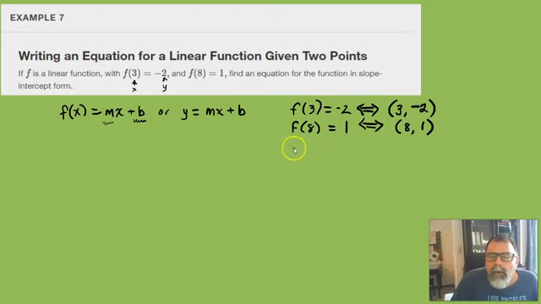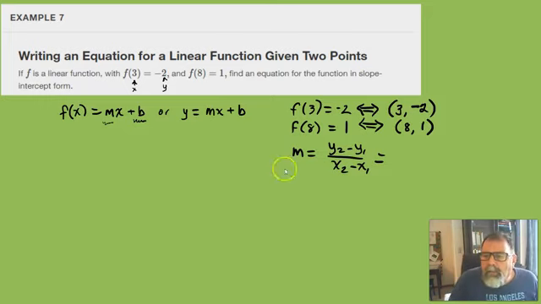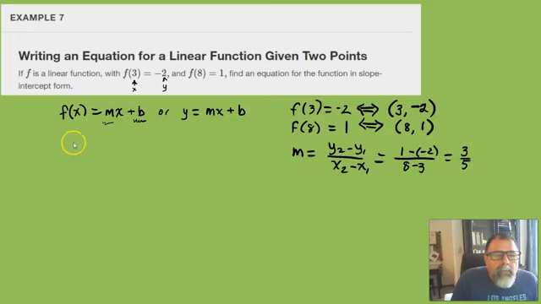So now to find my slope, I'm going to do y2 minus y1 over x2 minus x1. Plugging in the numbers, we'll call this point 1, point 2, so 1 minus a minus 2 over 8 minus 3. So you get 3 over 5. So your slope's 3/5. So now we have m is 3/5.